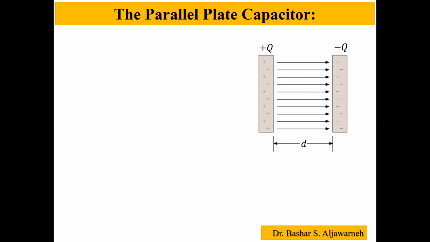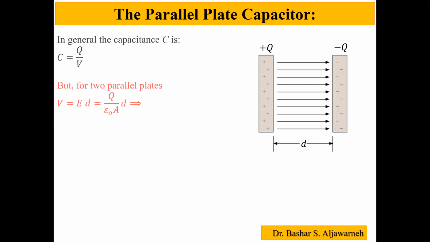Now, as I mentioned, the capacitance is C equals Q divided by V. And again, the capacitance should be positive quantity. Now, we know the electric potential difference between these two terminals, if I can call them terminals or two plates, equals E times D, whereas E is Q divided by epsilon A times D. Now take this amount of the electric potential difference and put it back in the main definition or formula for the capacitance.